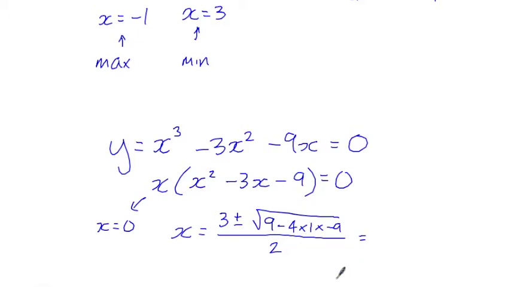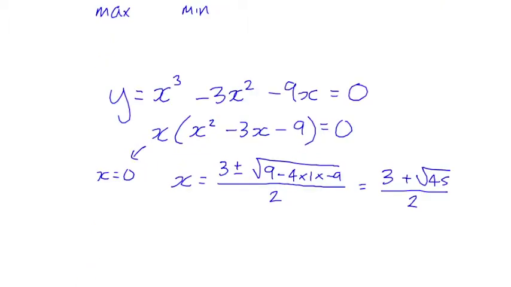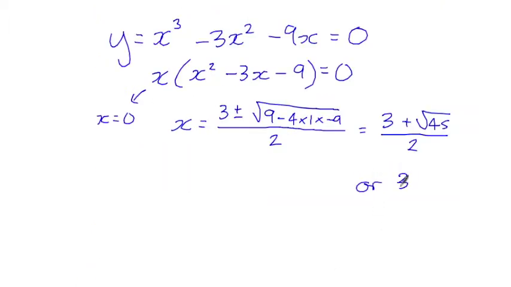So let's do 9. So we're going to have 3 plus root 45 over 2, or 3 minus root 45 over 2.